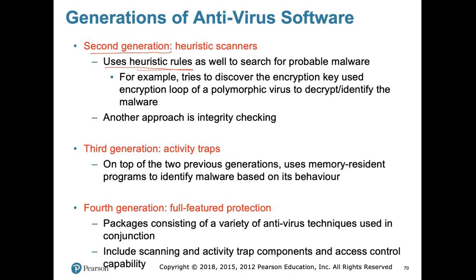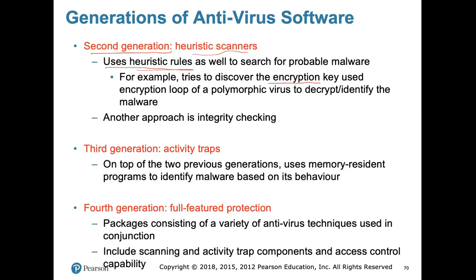Other than that, for example, you remember we talked about the viruses or the worms that encrypt themselves, and we said that the encryption helps them to stay hidden. It helps them not to be detected by the operating system or by any antivirus. In these heuristic rules, one example is this: the second generation of antivirus uses heuristic scanners or heuristic rules.